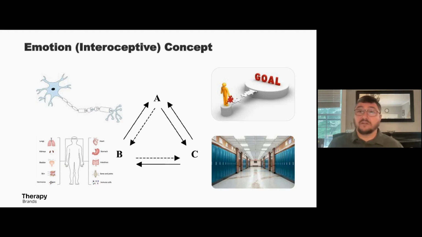Otherwise, it's sort of, these are my terms, a categorical concept where you're categorizing things to make sense of the world, but there's no goal. You're not trying to get anywhere, so to speak. So emotion concepts are the goal. What's your goal in the moment? What are the interoceptive feelings, and the context?